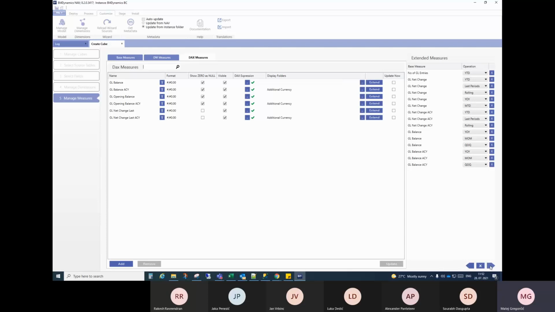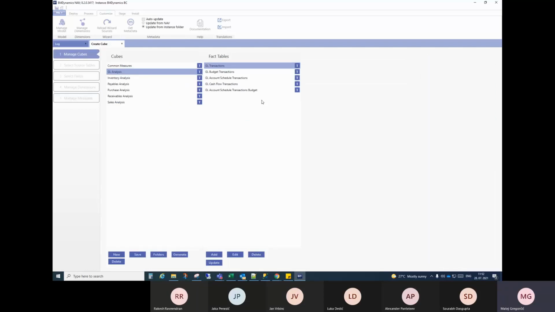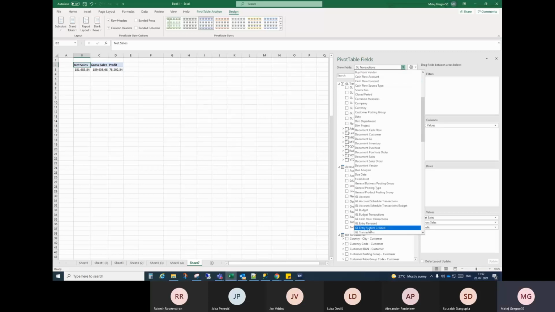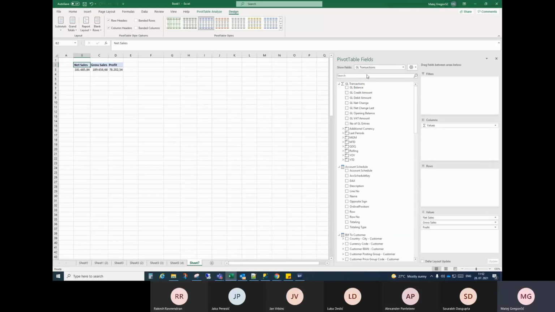And when you click next, you're done. You have effectively built a new fact table. How will this show up in Excel? It will show up as a separate measure group, GL transaction. And it will contain all the measures that we have defined so far.